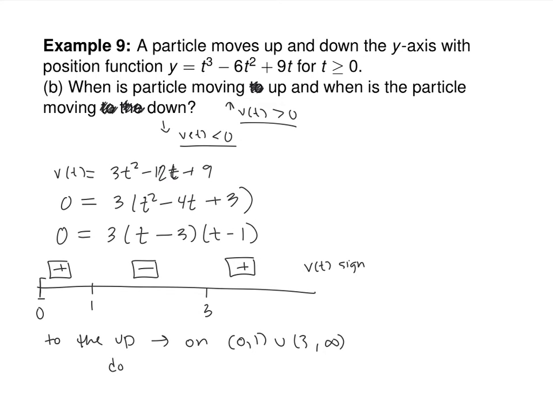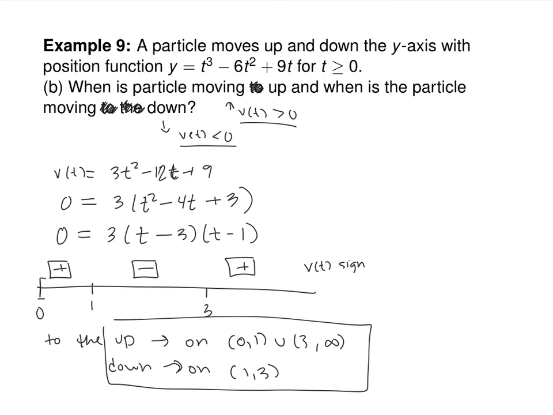How about going down? So up, down. So the particle, actually, how could you tell me where it would start? Yeah, plug in t equals 0 and your particle actually begins at 0. Does that make sense?